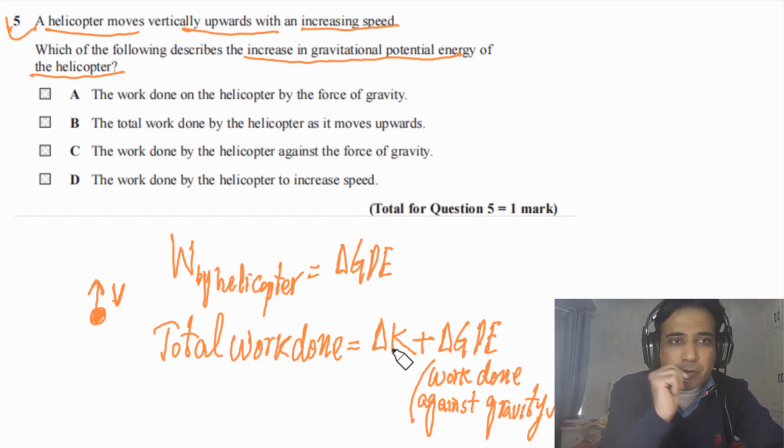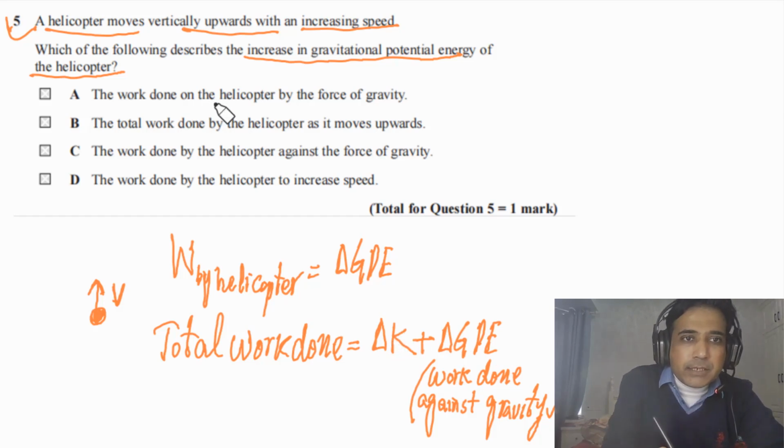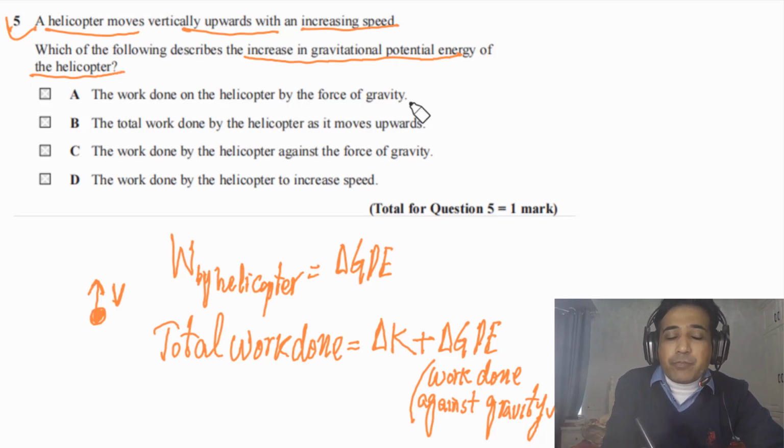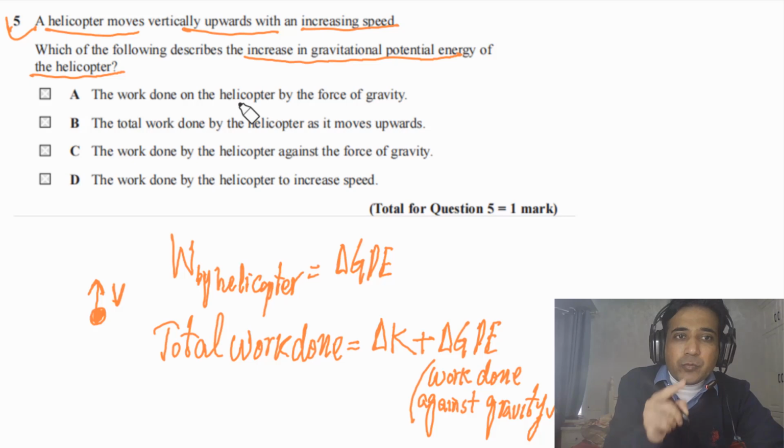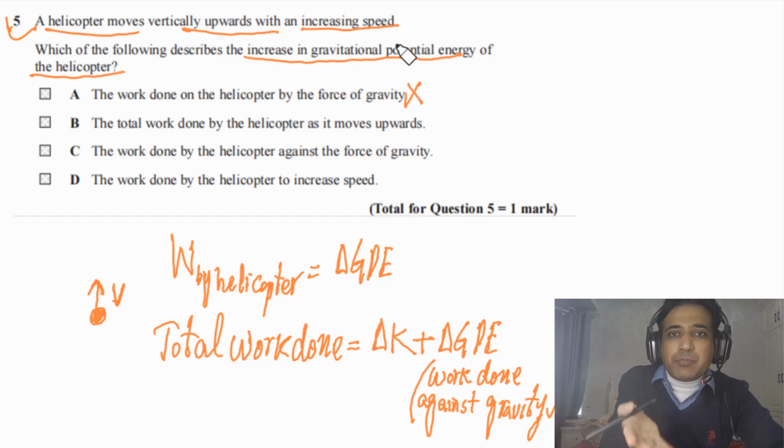If you look at the given options, the first one is telling us the work done on the helicopter by the force of gravity. No, because work is done by the helicopter, so this option is not true. Also in this case speed is increasing, so this is not true. The total work done by the helicopter as it moves upwards is equal to the change in kinetic energy plus the change in GPE.